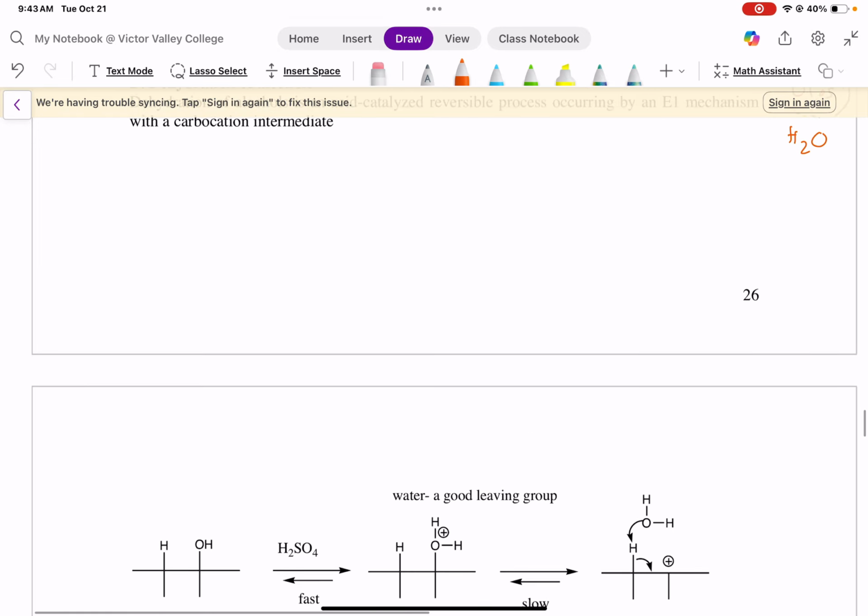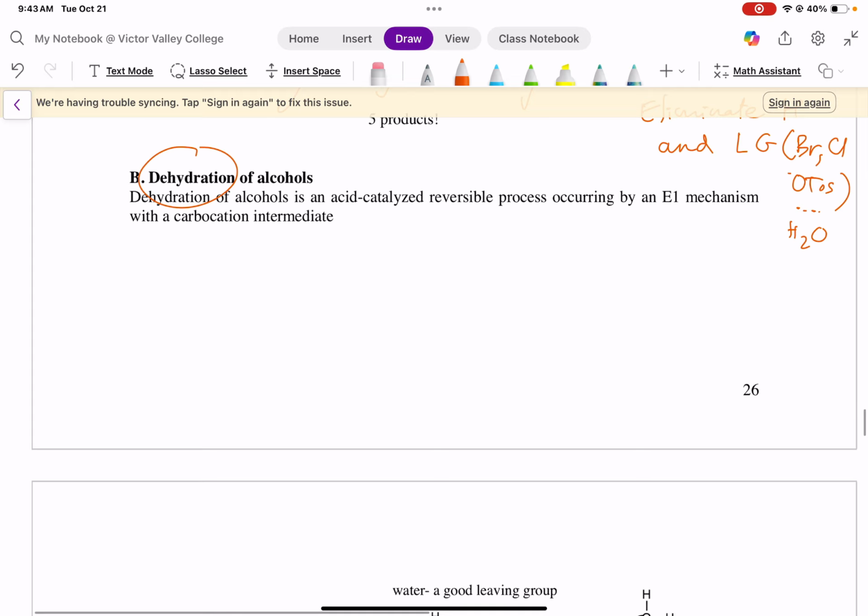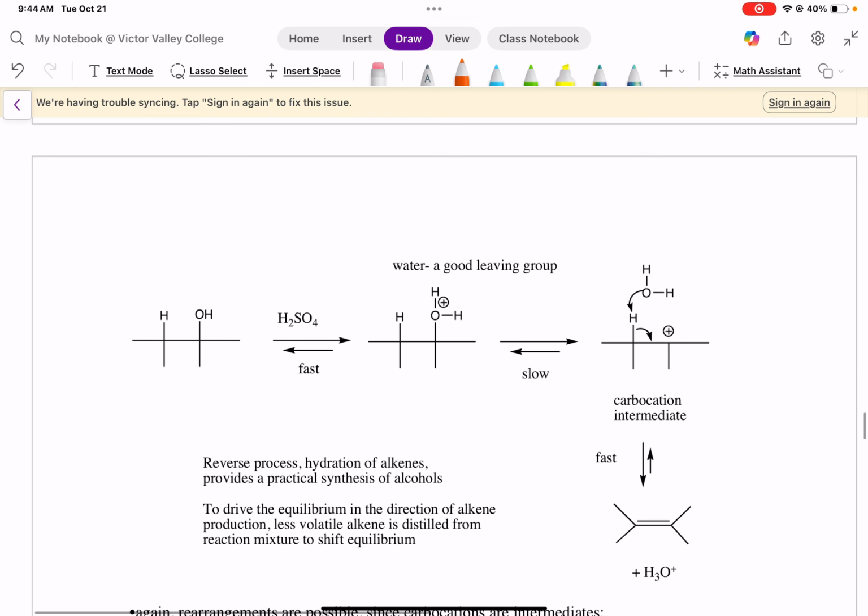For example, dehydrations. Dehydration means eliminating a water and hydrogens. So first of all, we have to protonate the OH to become water. That's a good leaving group. And then we eliminate the hydrogens, and water takes off.